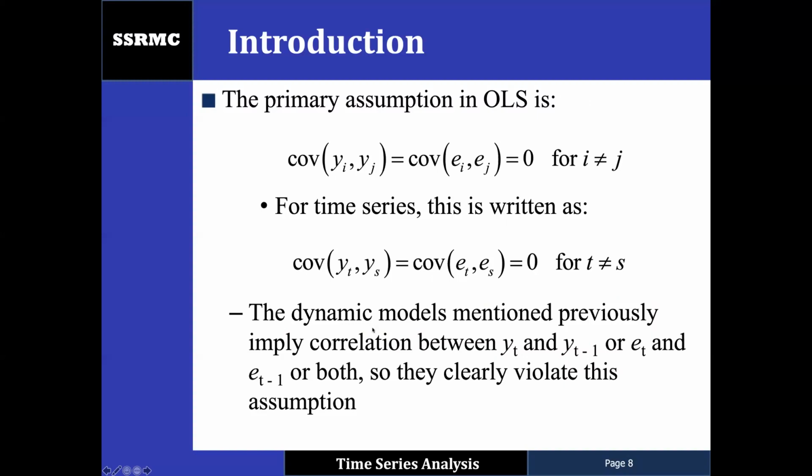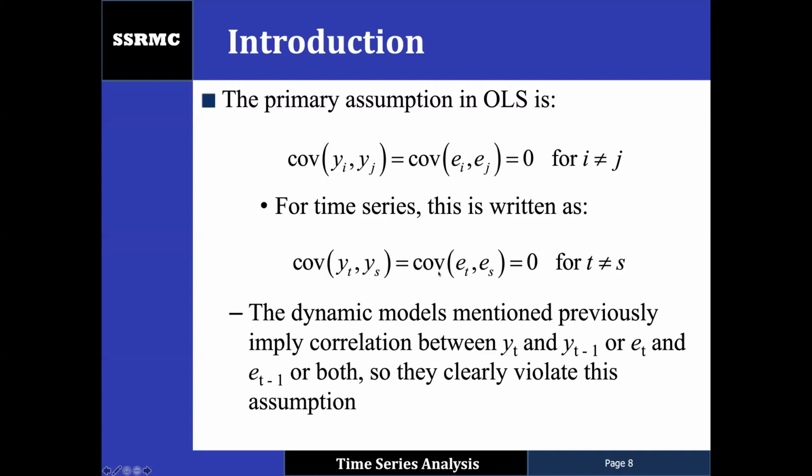To summarize, when we study OLS, or ordinary least squares regression using cross-section data, there is an important assumption behind OLS: the error terms must be uncorrelated. For any two observations, their error terms must be uncorrelated. If we apply this to time series data, because those are observations at different points in time, your subscript will be time instead of just individual objects.